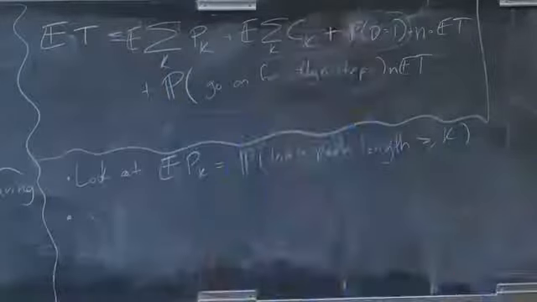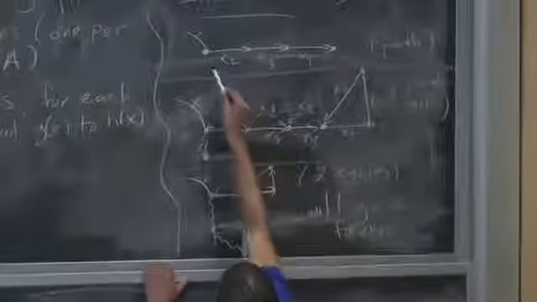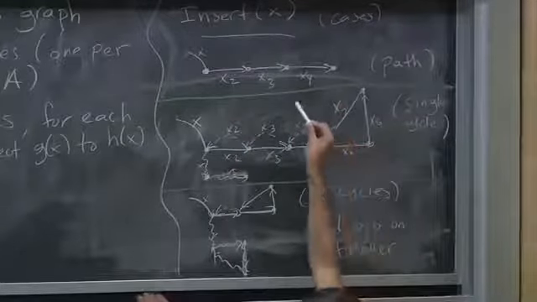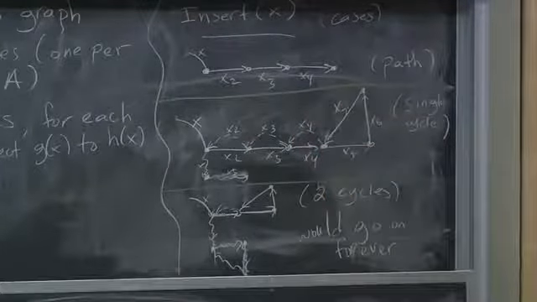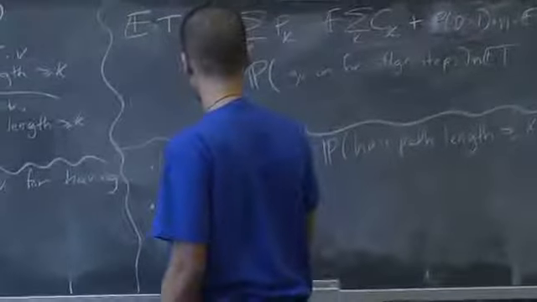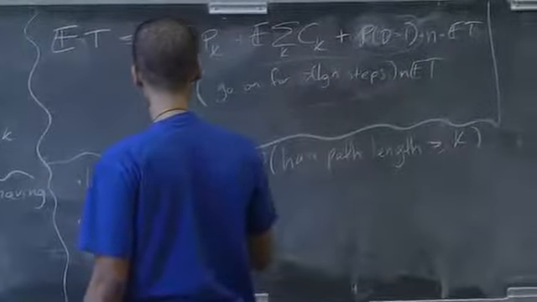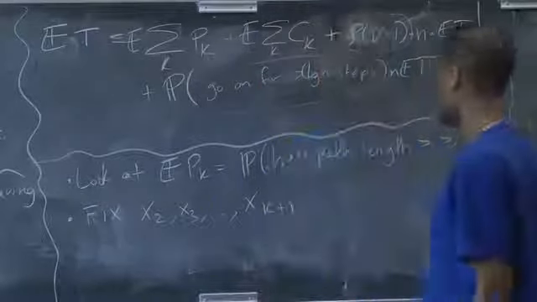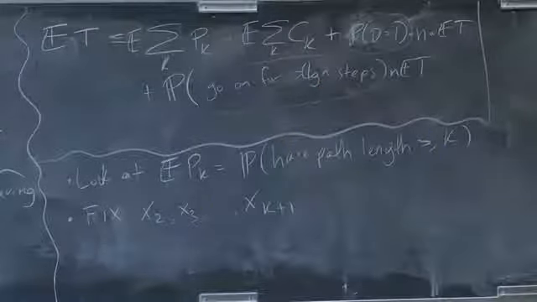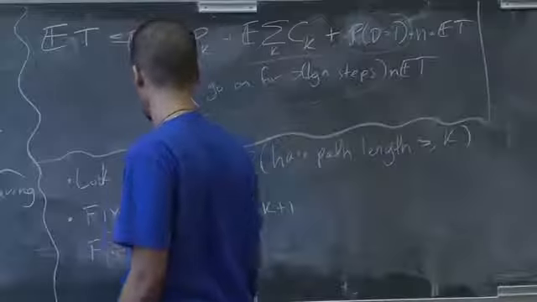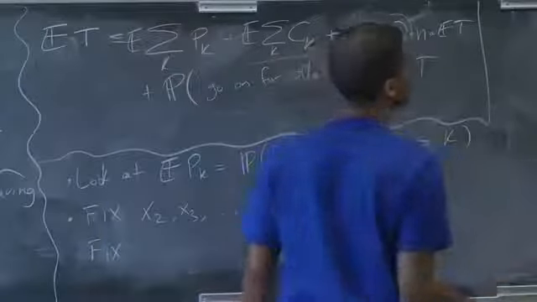Okay, so let's fix. What do I mean by path of length k? I mean the number of edges here is 1, 2, 3. So here k is 3, just so that we're all on the same page. So fix x_2, x_3 up to x_{k+1}. Also, let's fix all the hash values.